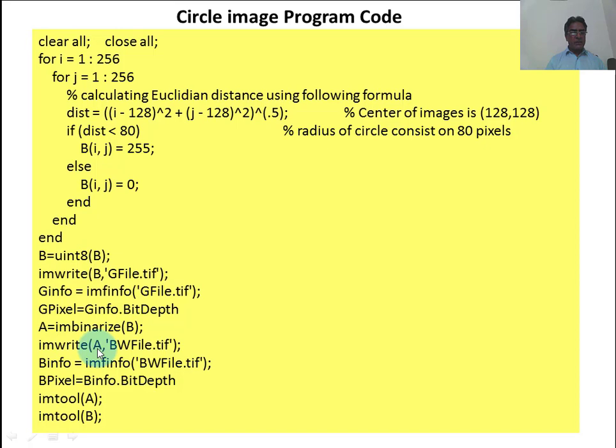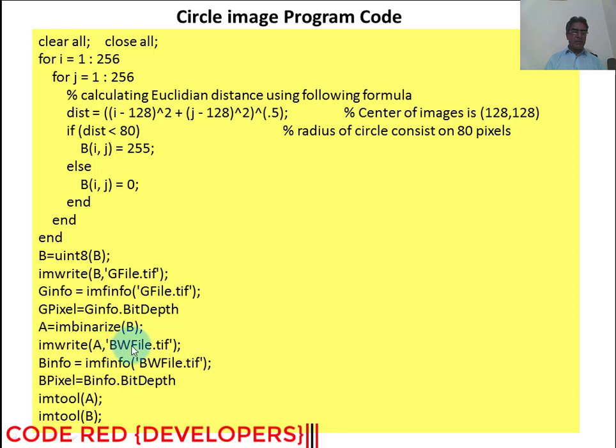Through the imwrite command, this A image, which is the binary image, is saved with the file name bw file .tif, because a binary image is also called a black and white image, where the image contains two shades, either black or white. The pixel will be either black or white.